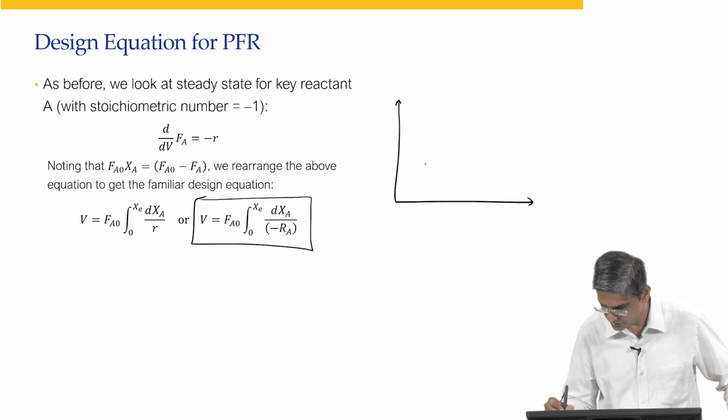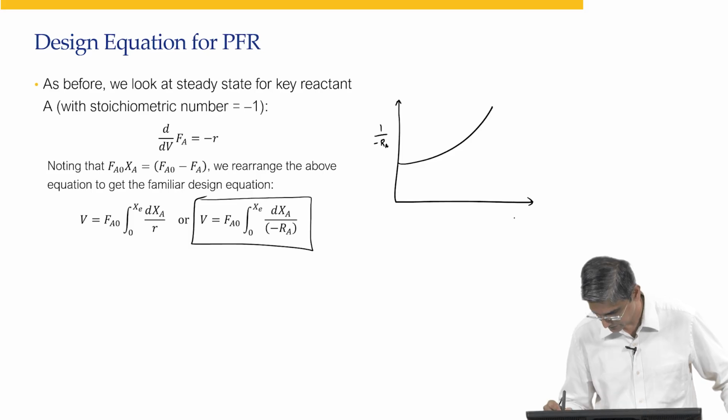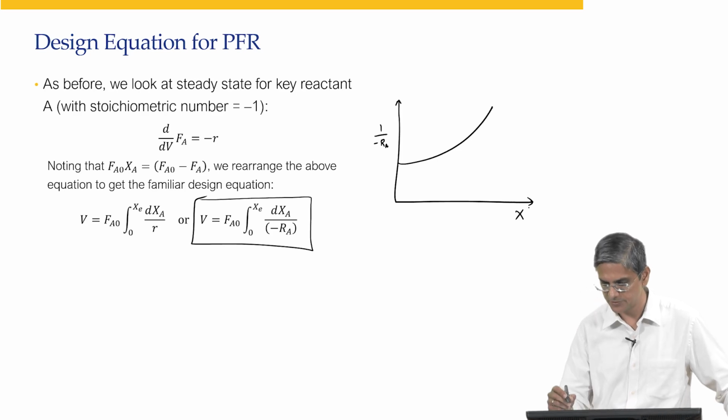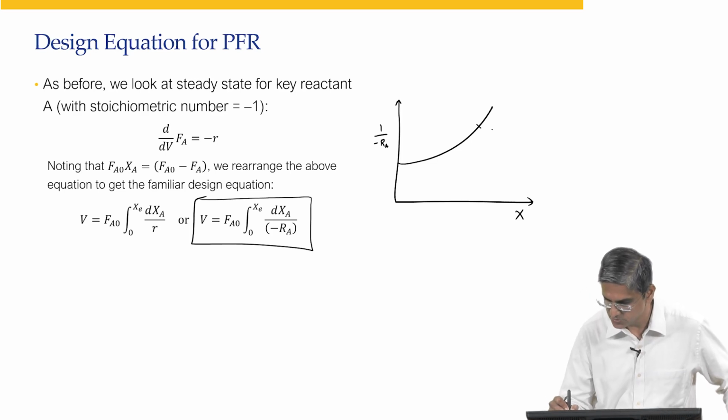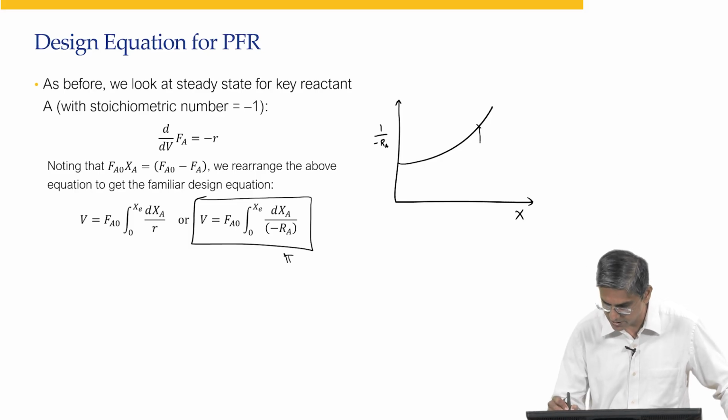If you were to plot 1 by minus RA versus X, and this was your target conversion, the volume is nothing but the area under this curve.